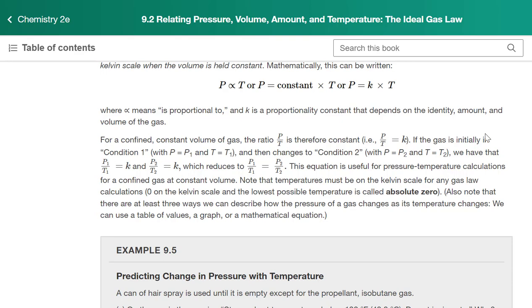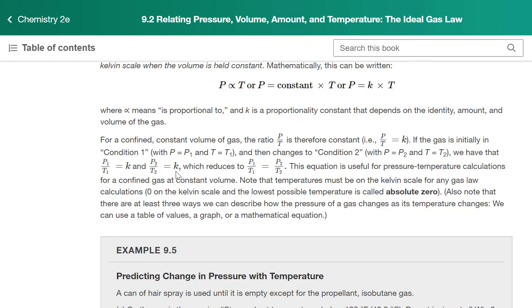So how we often use these types of equations is by looking at the change as we go from one condition to another condition. So we might say condition 1 and condition 2. This is very similar to our dilution equation where we had an initial concentration and a final concentration. So we say 1 and 2. So pressure 1, temperature 1, pressure 2, temperature 2. Both of those are equal to whatever this kind of random constant is. So pressure 1 over temperature 1 equals that constant. Pressure 2 over temperature 2 equals that constant as well.